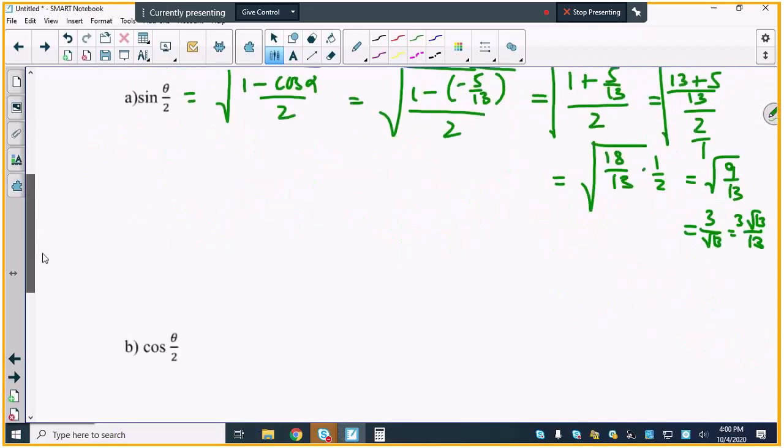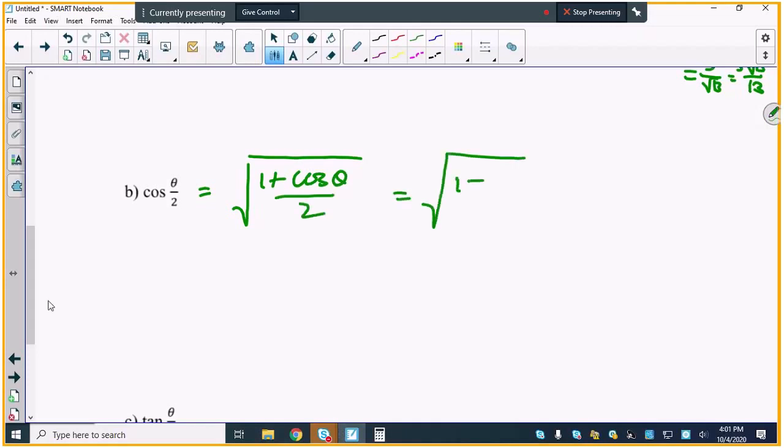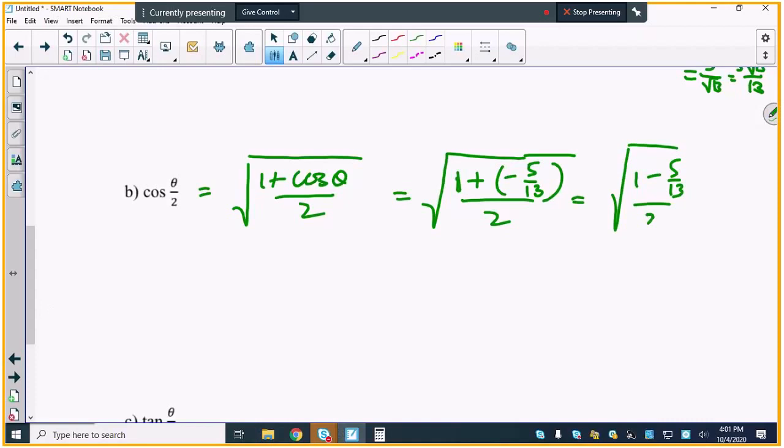Now I do cosine theta over 2, so I write it as positive again, the square root of (1 plus cosine theta) over 2. So that is 1 minus, because your cosine is a negative number, 5 over 13, over 2. So I get 1 minus 5 over 13 over 2, which is 13 minus 5 over 13 over 2. 13 minus 5 is 8.